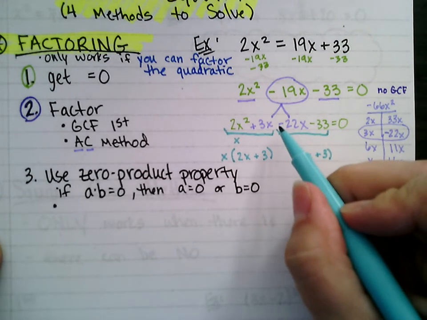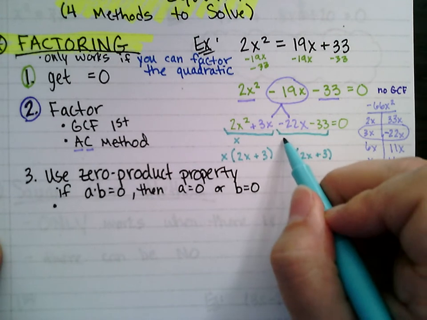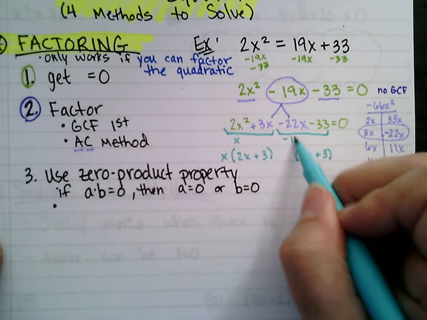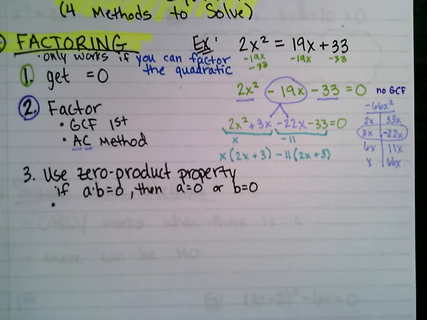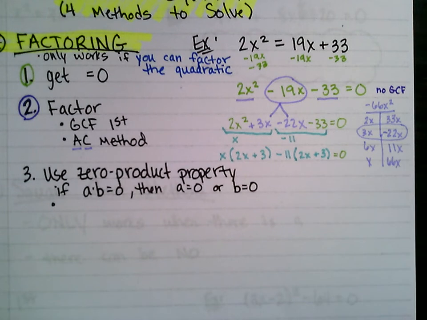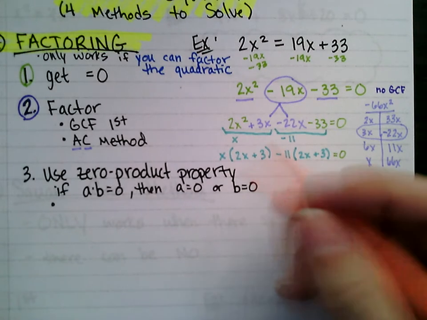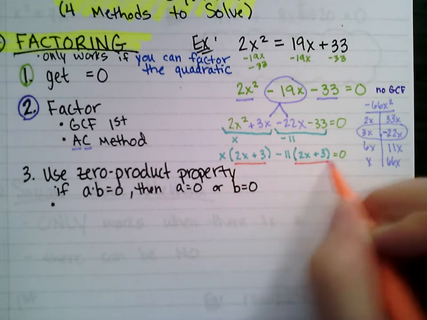Another thing I got to keep in mind is if my group starts with a negative, I have to factor out something that's negative. So I'm going to factor out negative 11. So like that. And then I still have equal 0. And then the last piece of my factoring part is that I'm going to take this group that's in common, 2x plus 3, that's going to make one of my parentheses.